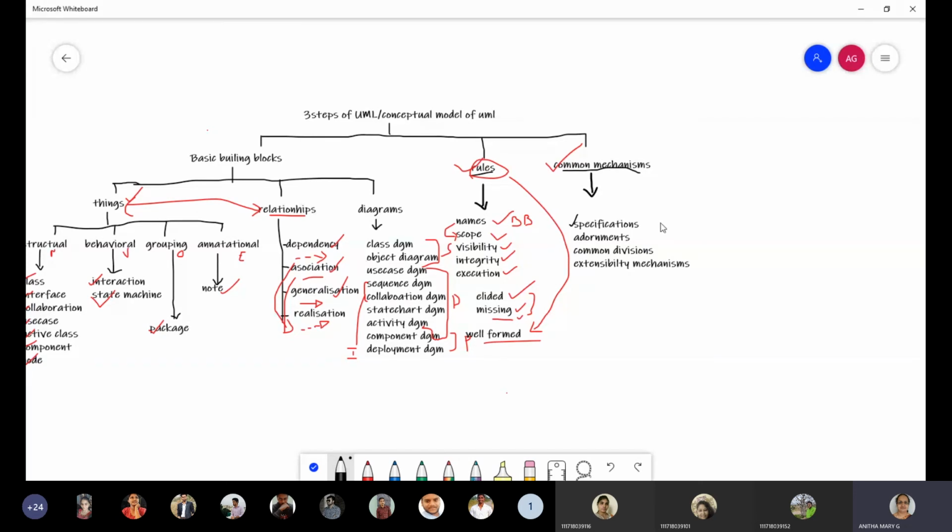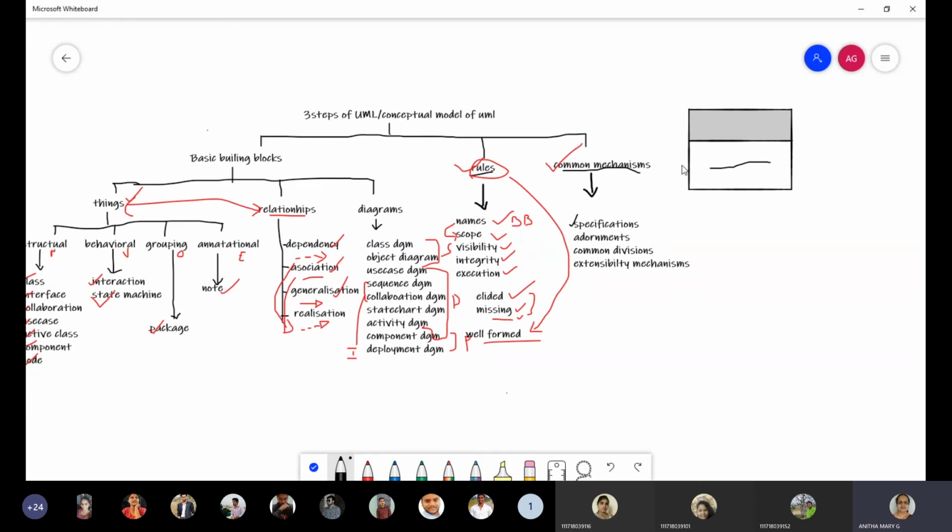So here, as an example, they are talking about the class. How is the class given? A rectangle with 3 compartments. I'm not able to draw, but it's 3 compartments that we have.